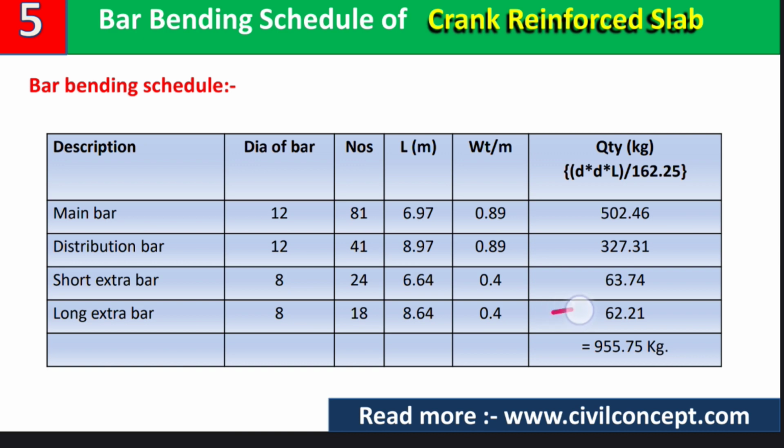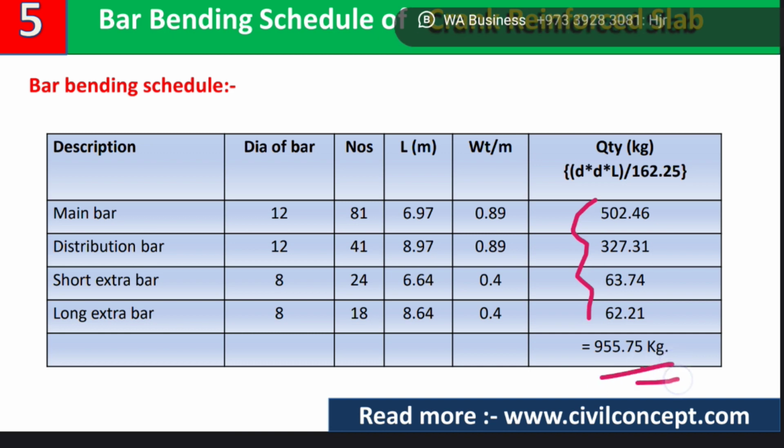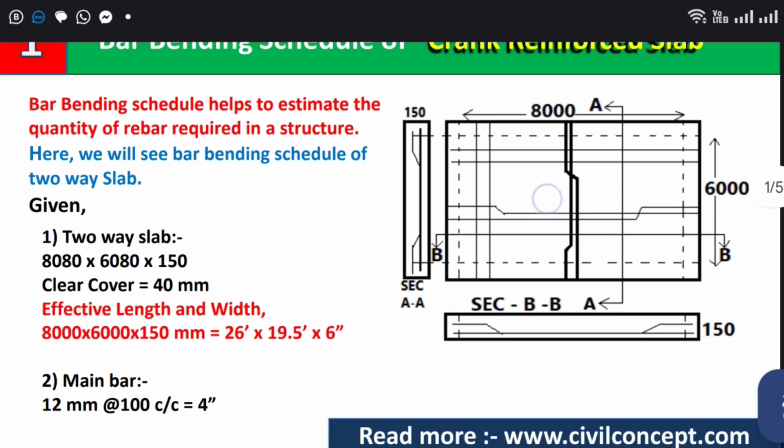And again when we calculate, we will get how much? 62.21. And after adding all these, we will get what? 955.75 kg of steel bars we have used to construct these types of slab.